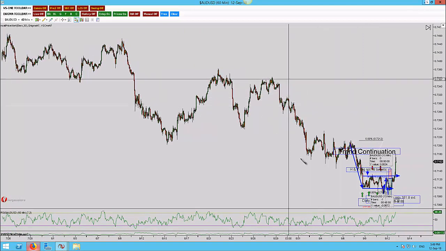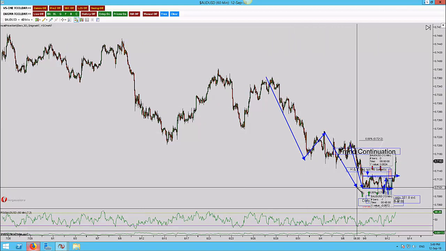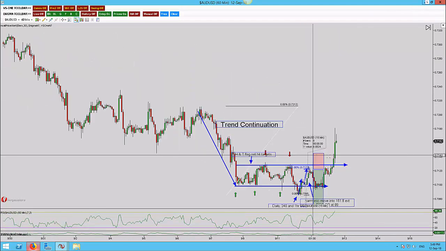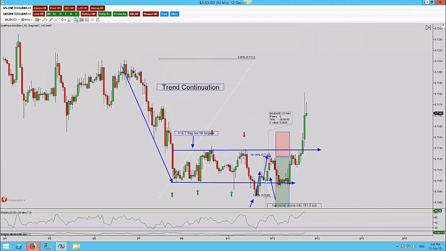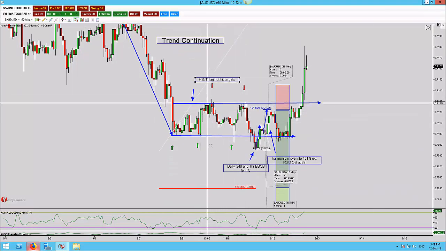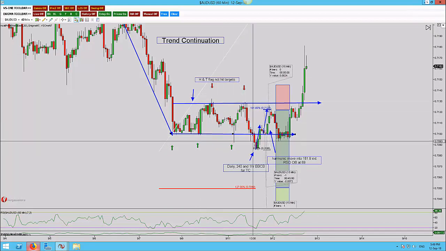So we had a 3-point move, 1, 2, 3, and we put in a low and tight flag, and we can see this here on the hourly. On this flag I put a high and tight flag, but it's actually a low and tight flag that we tested 2 times at the bottom, 2 times at the top.